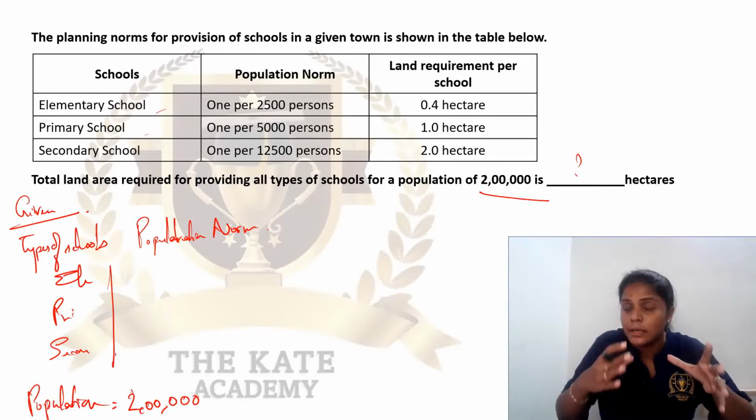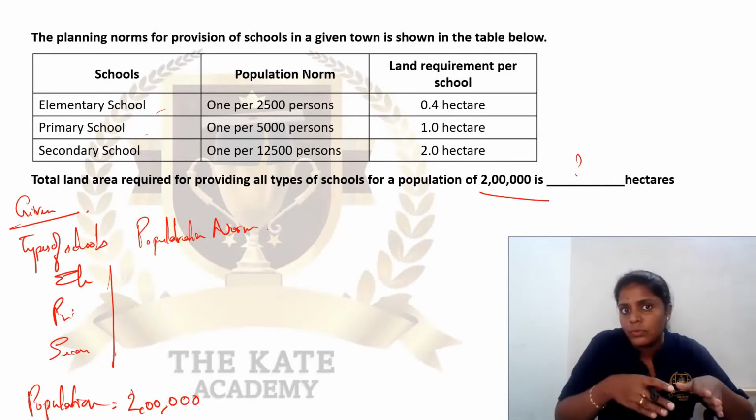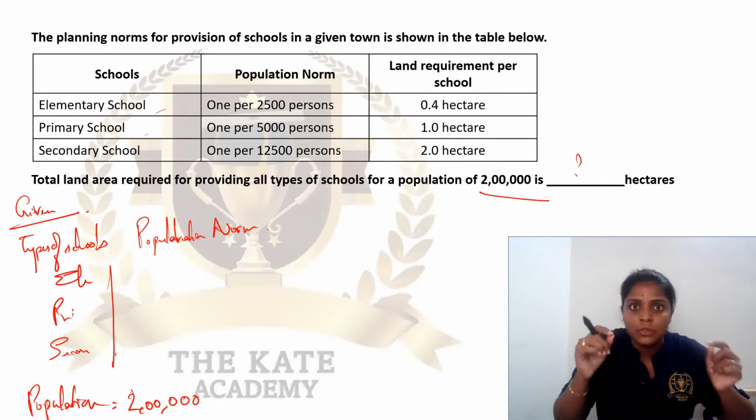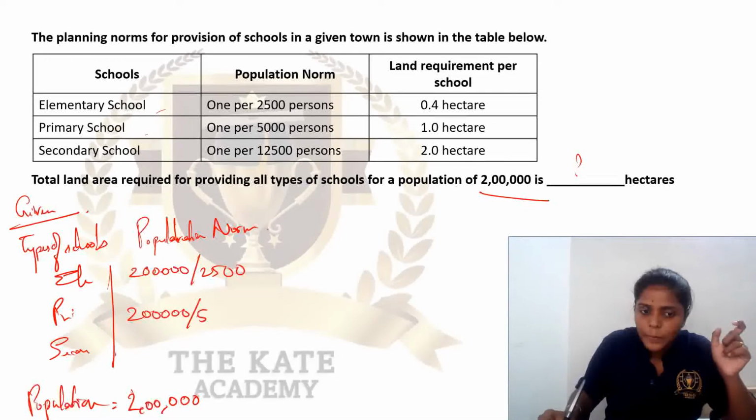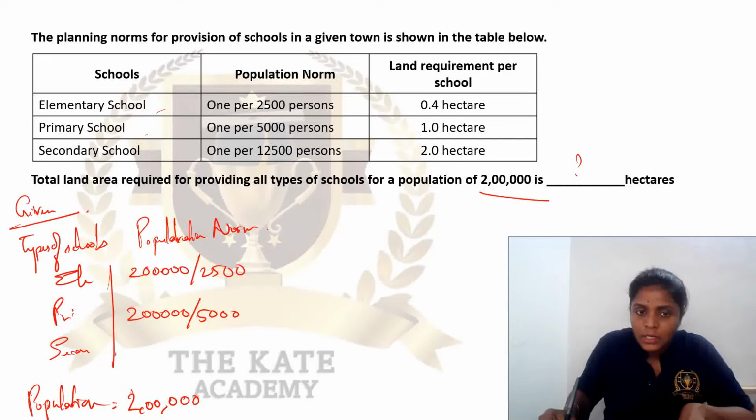So the total population is 2 lakh. In that 2 lakh, for every 2500 persons, one elementary school should be there, which means 2 lakh divided by 2500. Similarly, for every 5000 people, one primary school. So 2 lakh divided by 5000. And for every 12,500 people, one secondary school.